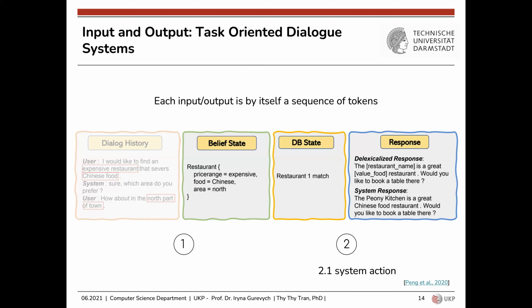So if we want to use the system action, we can either use it as a label from the available data, or we just use it as a latent variable. So the end-to-end task-oriented dialogue system will learn these steps in one unified model for sequence generation.